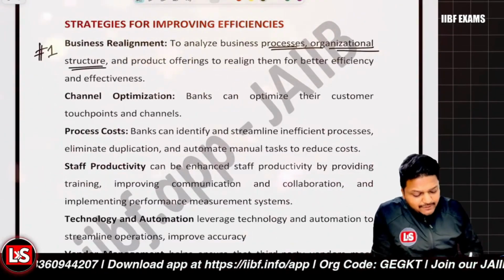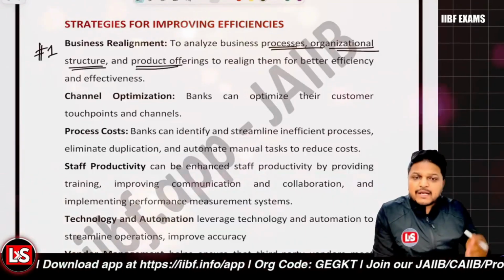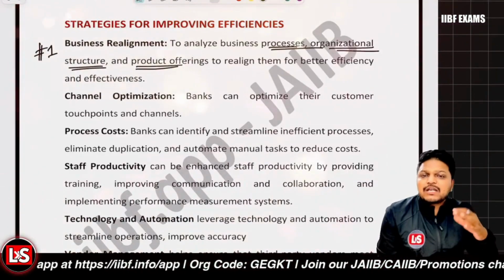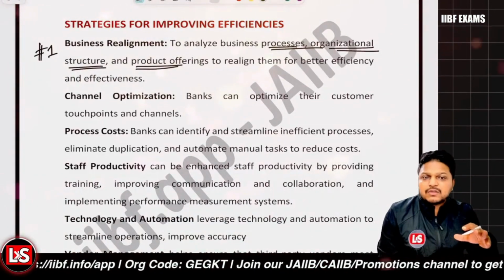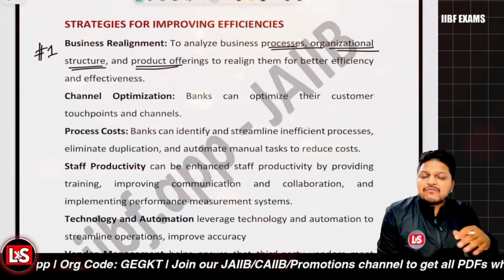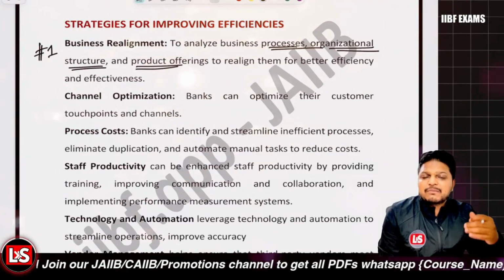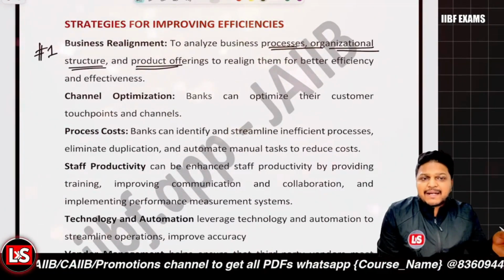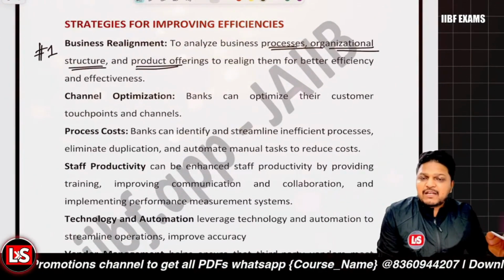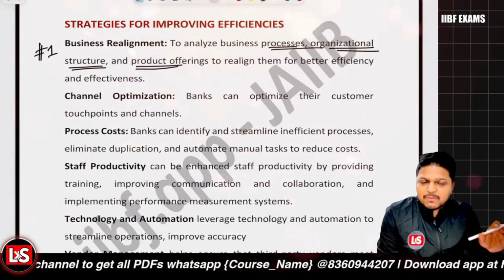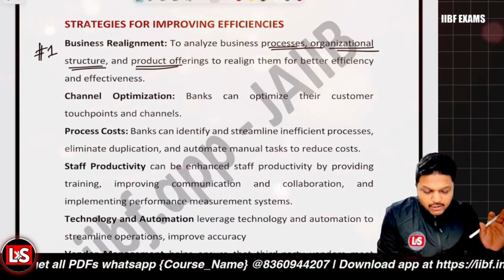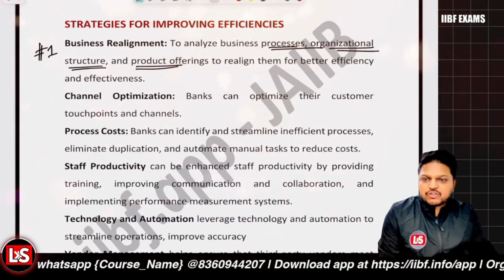Because after analyzing only, we'll be able to know that either we are using our resources effectively or not. So realignment is basically like we are to restructure the department, we are to focus more on the profitable segments, right? And let's say if there is some non-performing activity, we are to eliminate it. That's about the business realignment, right? So it's about analyzing and taking action.